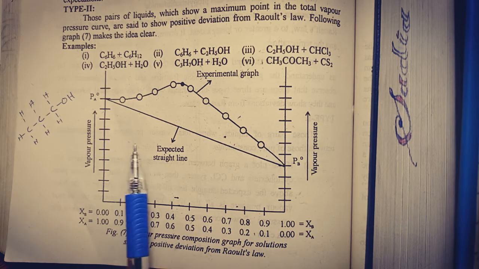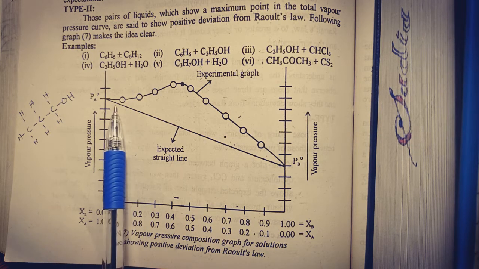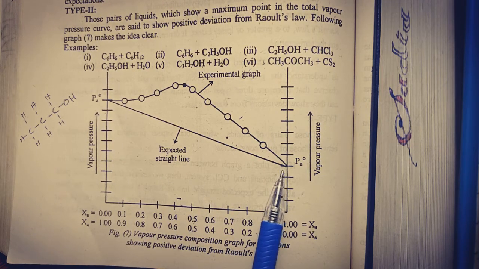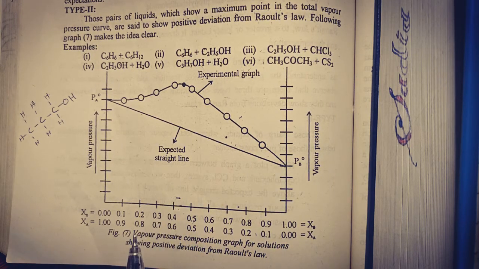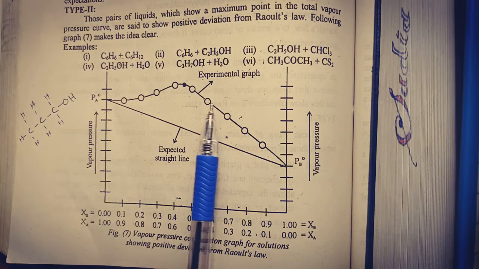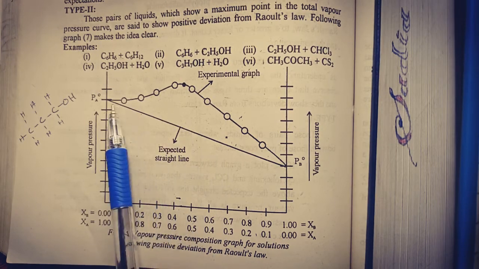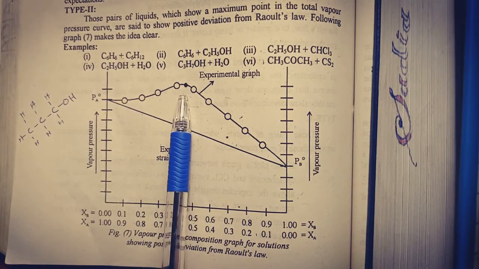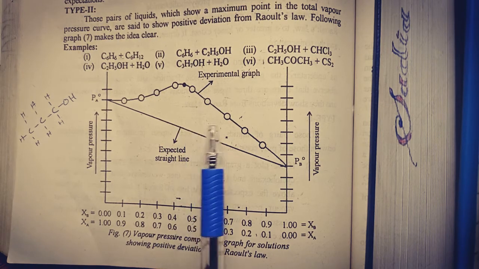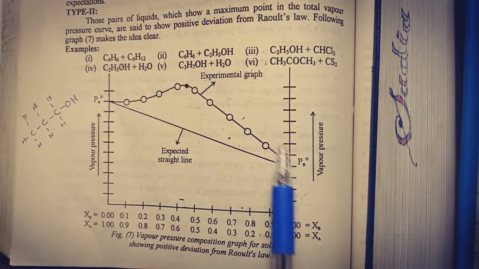For these kinds of mixtures, the expected straight line is supposed to follow Raoult's law, but actually the experimental graph is showing a positive deviation with a maximum point in the total vapor pressure curve.